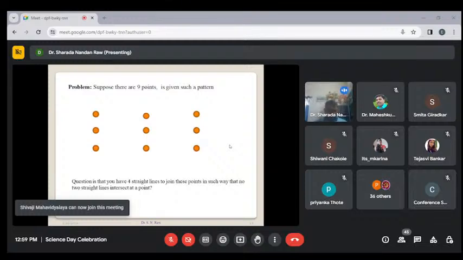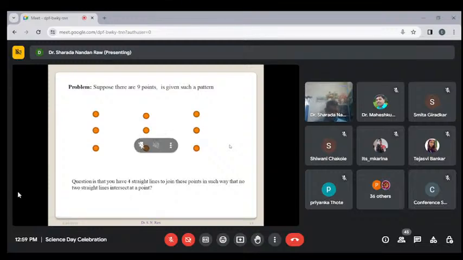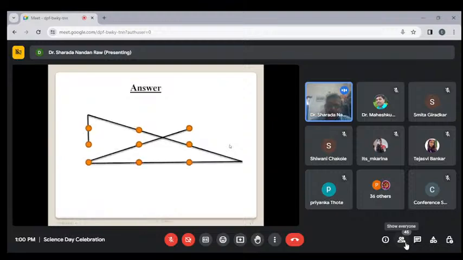See how you can think, how you can solve this one. This is the answer: a floating point in space. How can we think? You have to start the journey like that only. You go beyond these things.